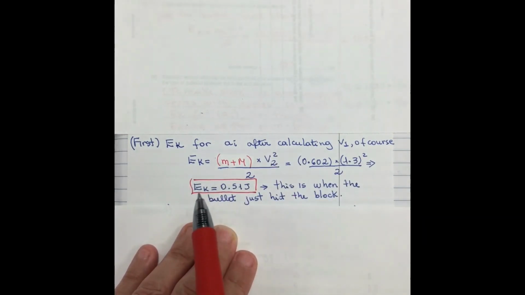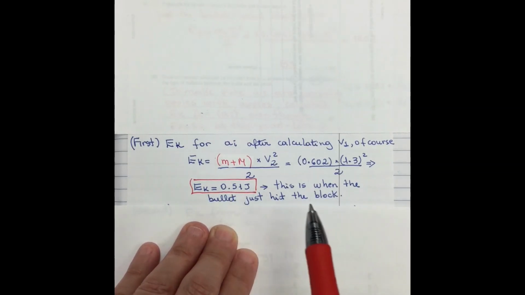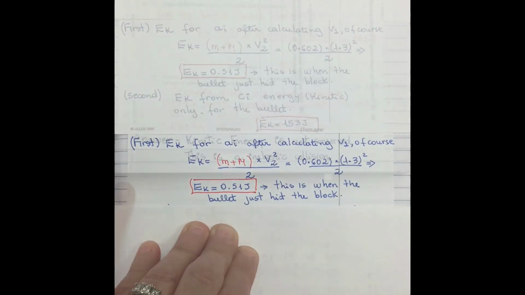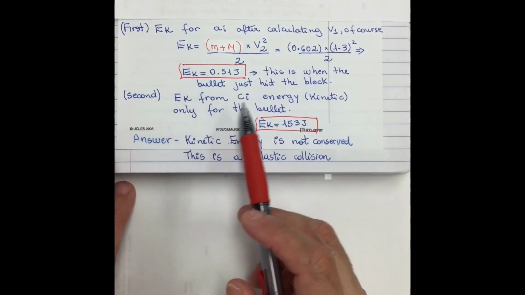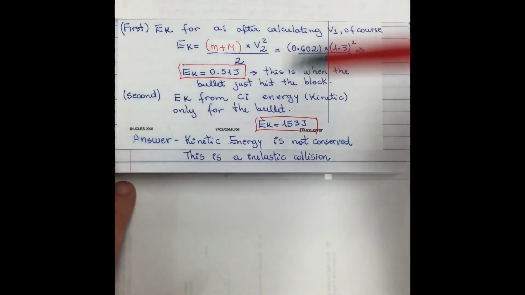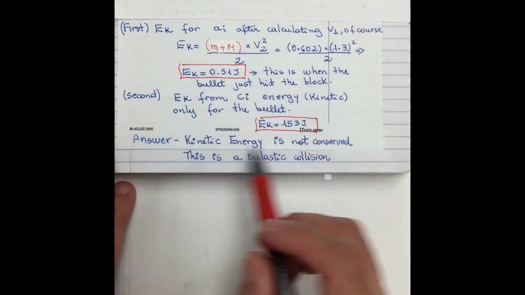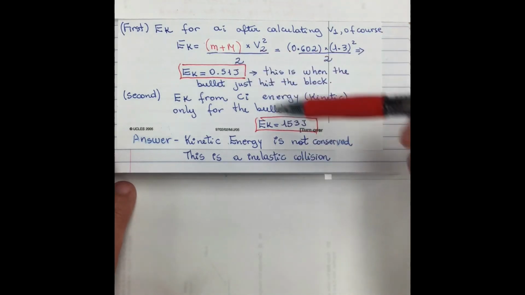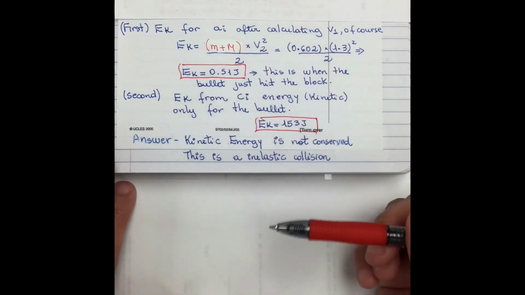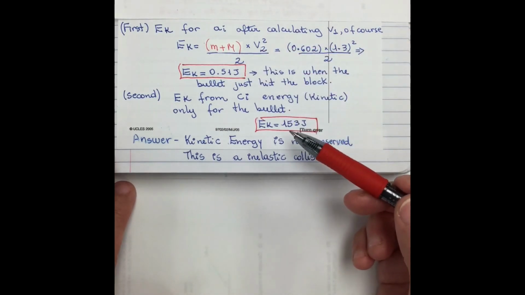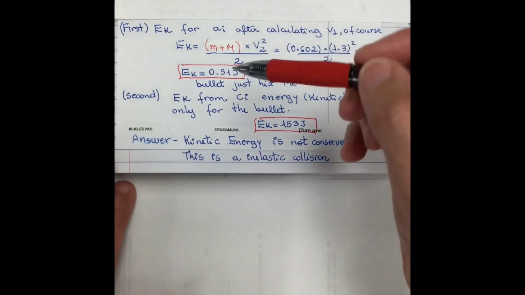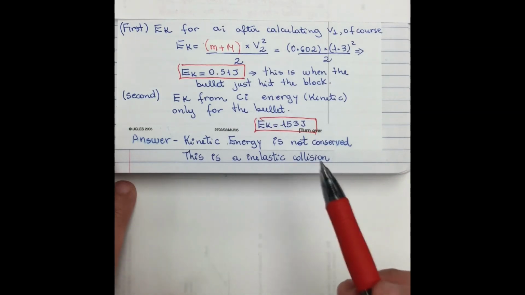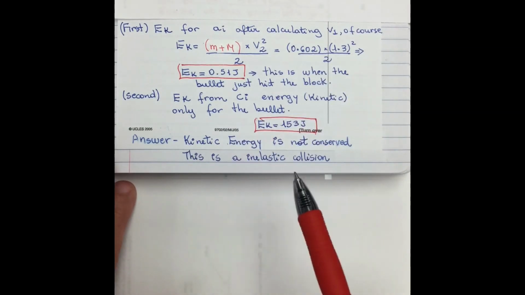So the kinetic energy in this case is identical to the potential energy from A I. However, the kinetic energy from C I that was calculated on the previous question is 153 joules. So there is a difference between before and after in terms of energy. So in this case, the kinetic energy is not conserved, and this is an indication this is an inelastic type of collision.